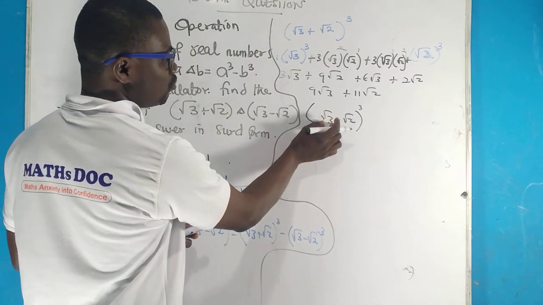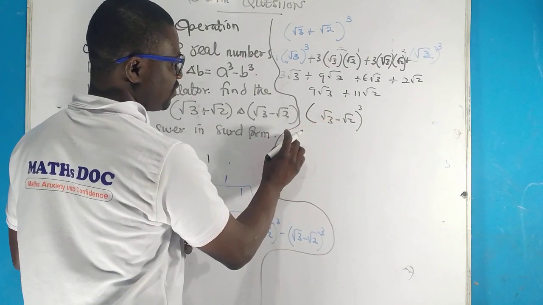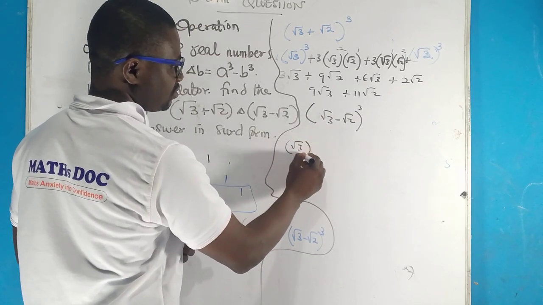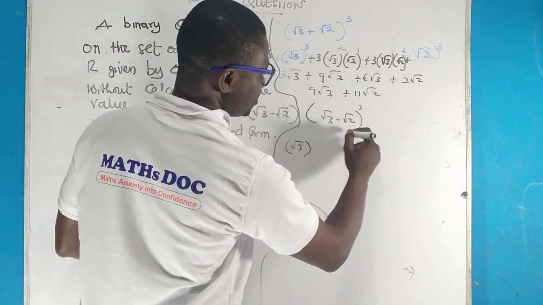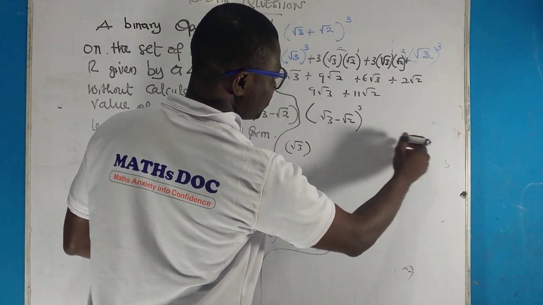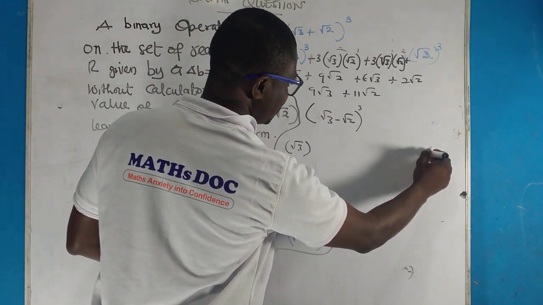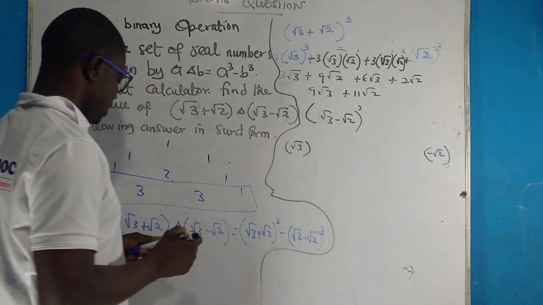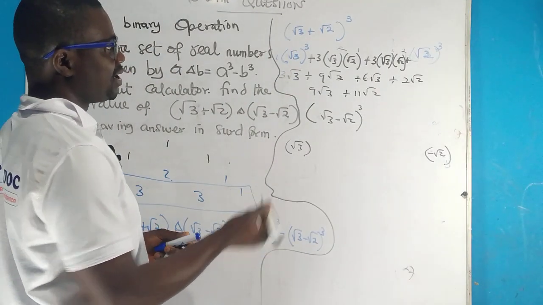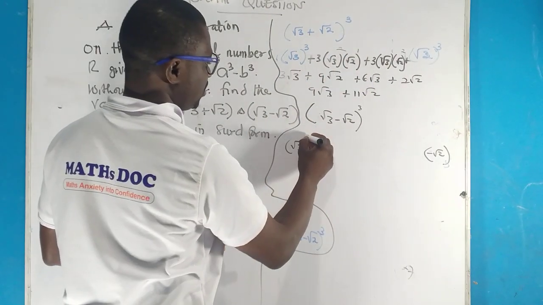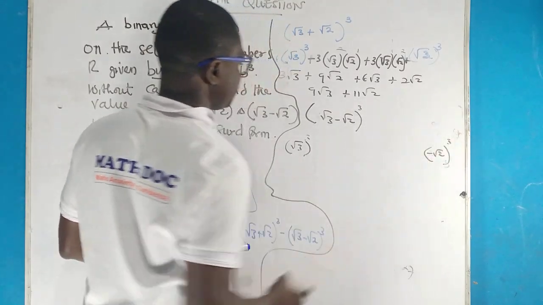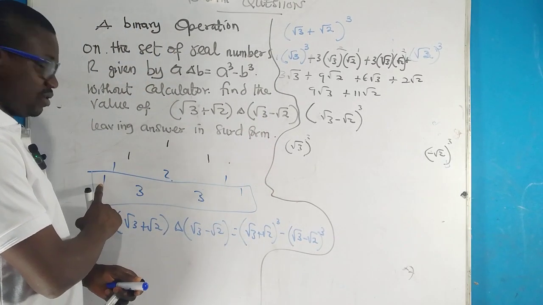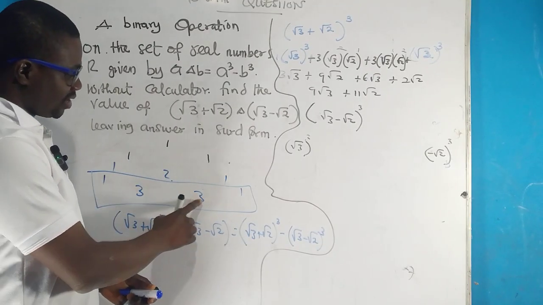Root 3 comes first, so put it in a bracket, and this negative root 2 comes last, minus root 2. Each of them takes root 3, and then we share the coefficients 1, 3, 3, 1.